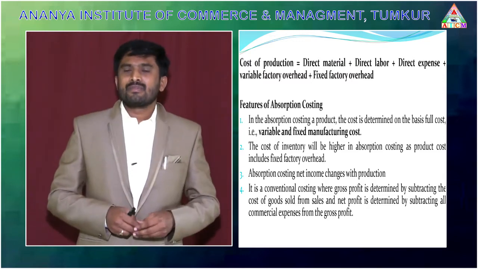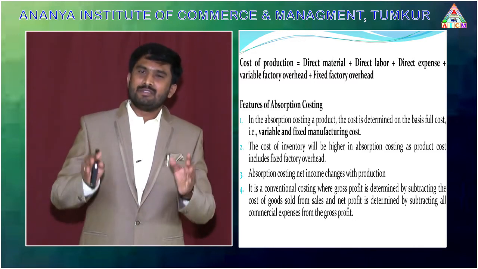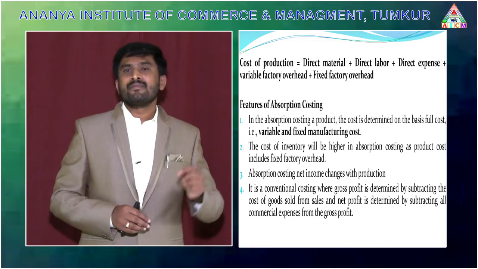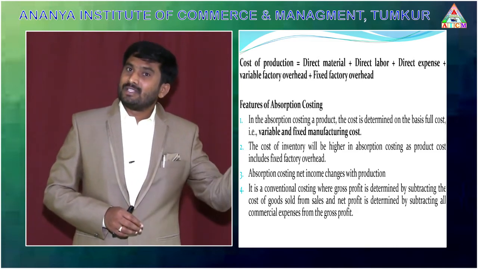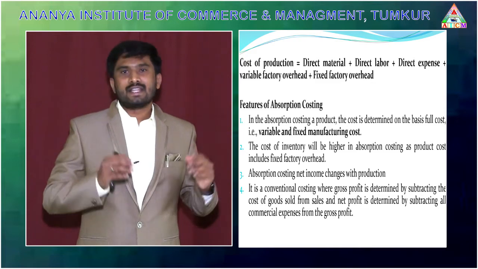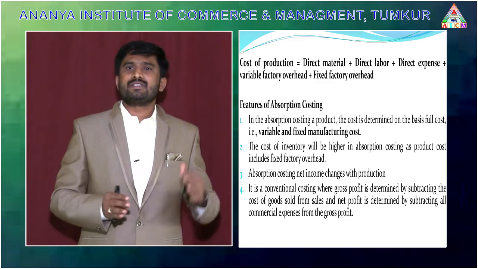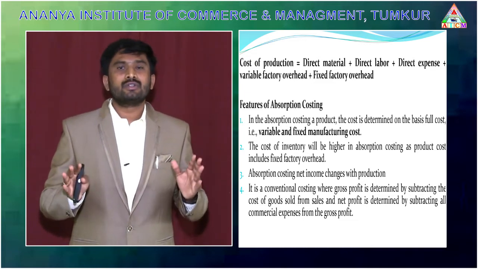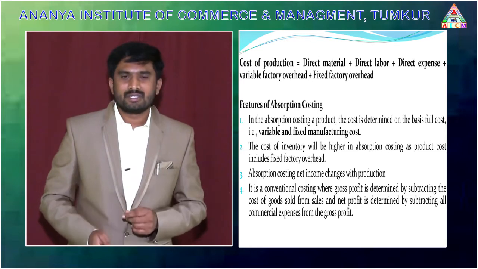In this way, we calculate net profit in absorption costing also. We deduct the cost of goods sold from the sales revenue to get the gross profit. Then we deduct all commercial expenses from the gross profit in order to get the net income. This is the way we get the net income in absorption costing.